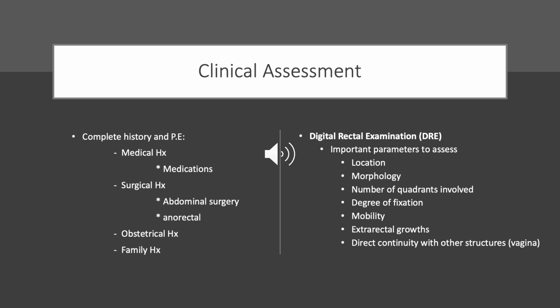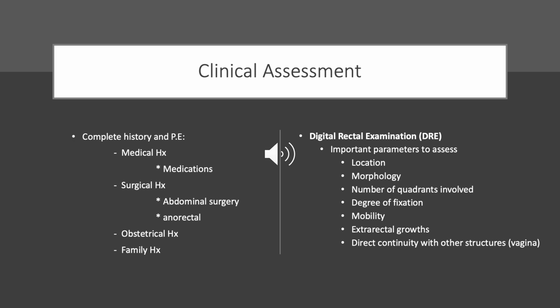A history of anorectal surgery may be critical to patients with either abdominal or anorectal complaints. Other relevant information includes obstetrical history in females and family history, especially related to anorectal problems, that may suggest the presence of a genetic syndrome.